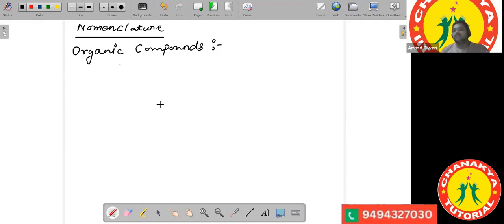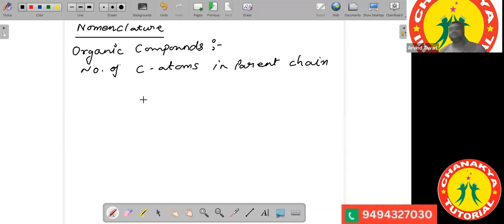So how do we name them? First of all, to name any organic compound, you should search for the number of carbon atoms in the parent chain.